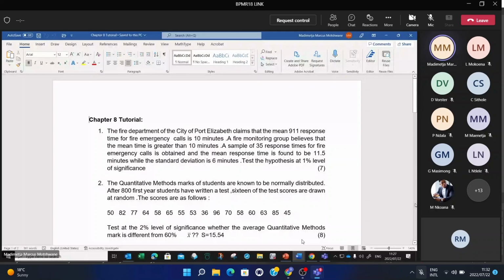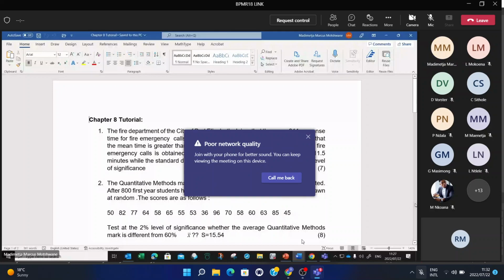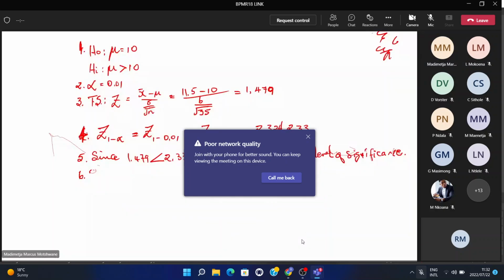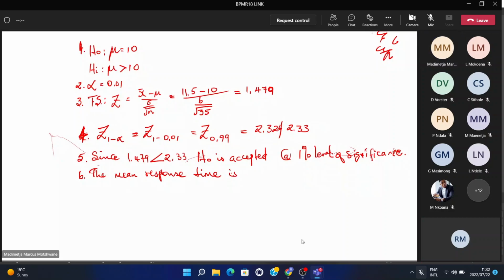What's wrong with my pen now? The mean response time is not greater than 10 minutes. There we go.